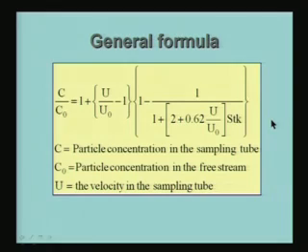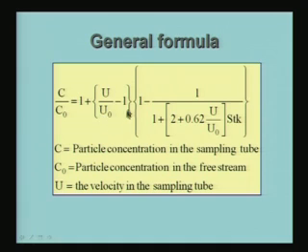Let us look at a typical situation which will prevail. Suppose we have the Stokes parameter given here, and the particle concentration in the sampling tube is what you are going to measure, and the C naught is the particle concentration in the free stream, which is what we would like to measure. If the velocity in the sampling tube is u, C by C naught equal to 1 would correspond to isokinetic sampling, but there is a correction here: u by u naught minus 1.